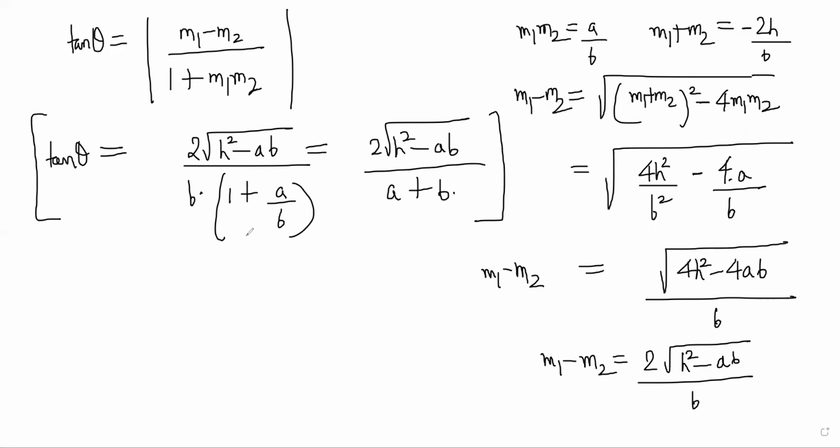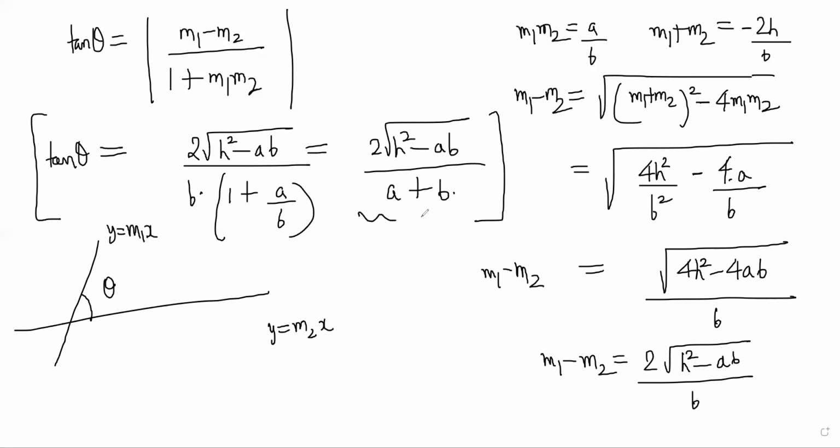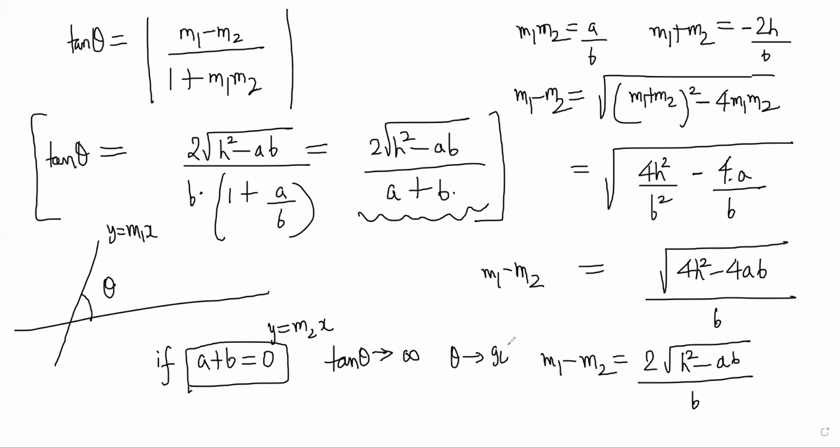Now our lines are y is equal to m1x and y is equal to m2x, and the angle between the lines is theta, with tan theta given by this. So if a plus b is equal to 0, then tan theta is tending to infinity, so theta is tending to 90 degrees.